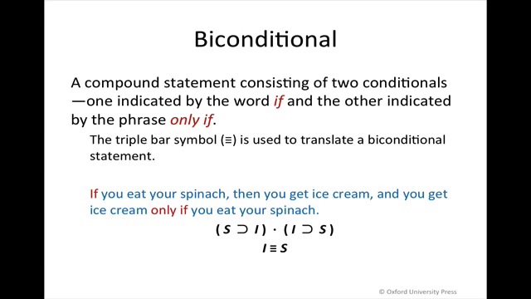In this case, you eat your spinach, you get ice cream, and you have the conjunction, and then you get the only if, which is translated as follows, as we just saw. The sentence that comes immediately after only if goes in the consequent position.